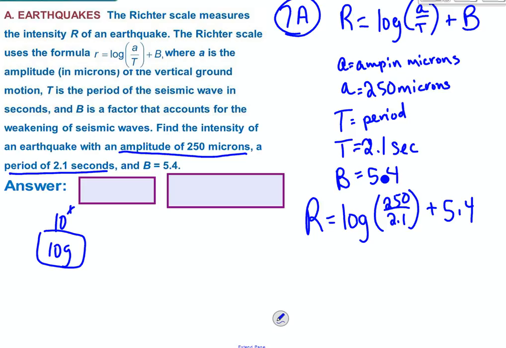And when you find R, it should be approximately 7.5. So the intensity of this earthquake is 7.5. If you need to write anything down, you can pause this. Otherwise, I'm going to go on to the next problem.